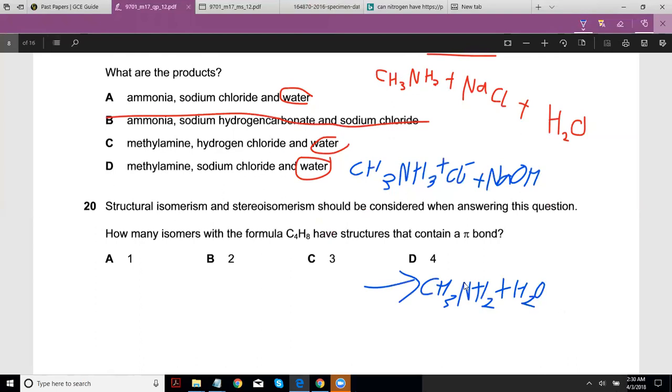H positive and OH ही form करता है water, neutralization. बचा आपका Na positive and Cl negative, so that would be NaCl. So you're looking for water and you're looking for NaCl. So sodium chloride, water, methylamine, that is D.